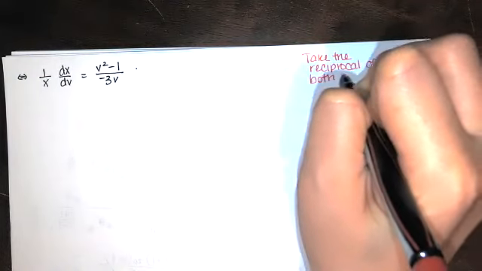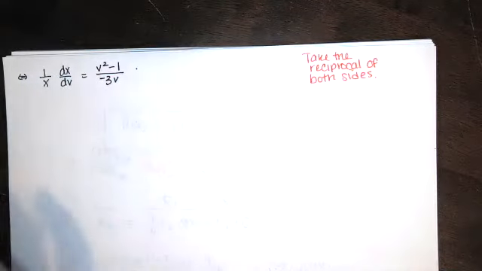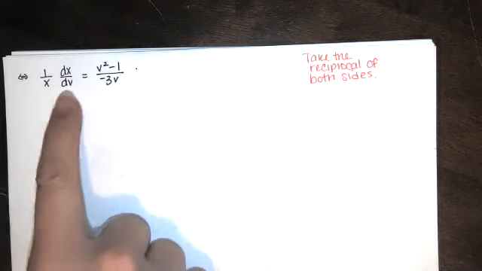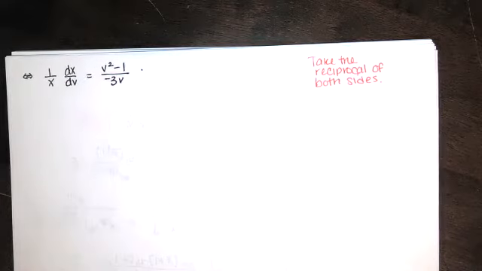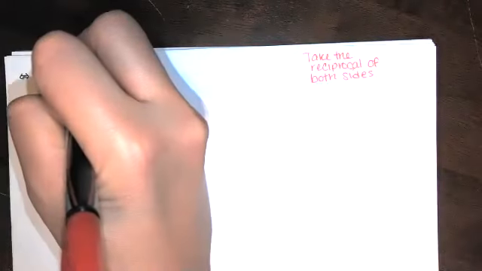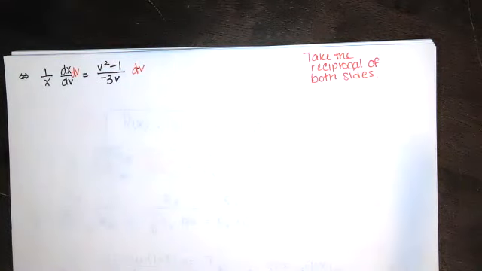And again, that works because I just had a single fraction over here and something that I could think of like a single fraction over there. So we could just flip everything. And then in order to get all the v's on this side, we need to multiply both sides by dv. And then the variables have been separated.